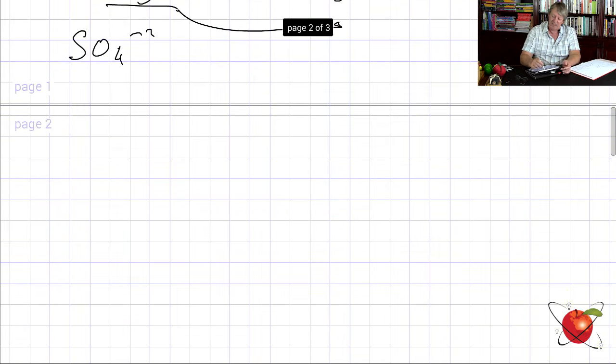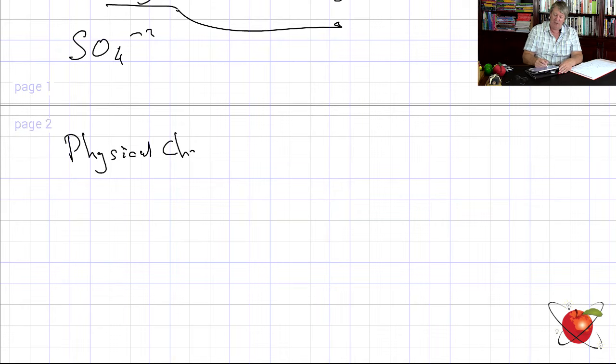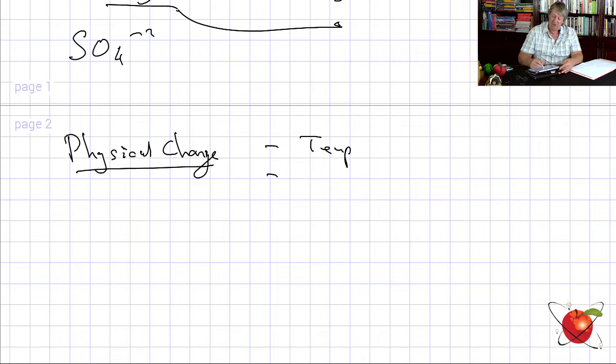Now, let's have a look at some of the things that do physical change. Physical change. First of all, basically we've got temperature. Secondly, expansion, contraction. Let me just put contraction, color changes.